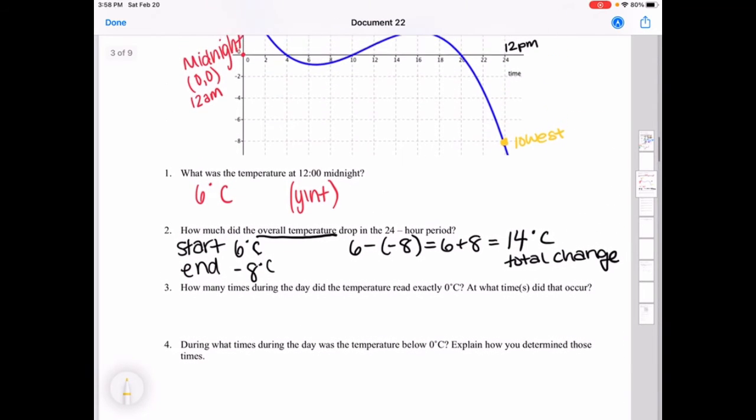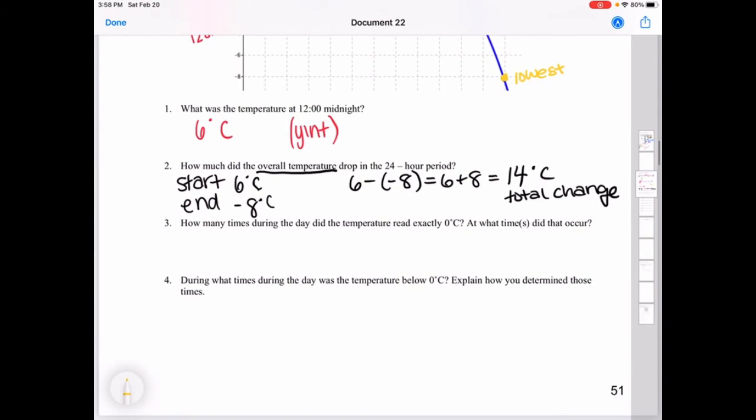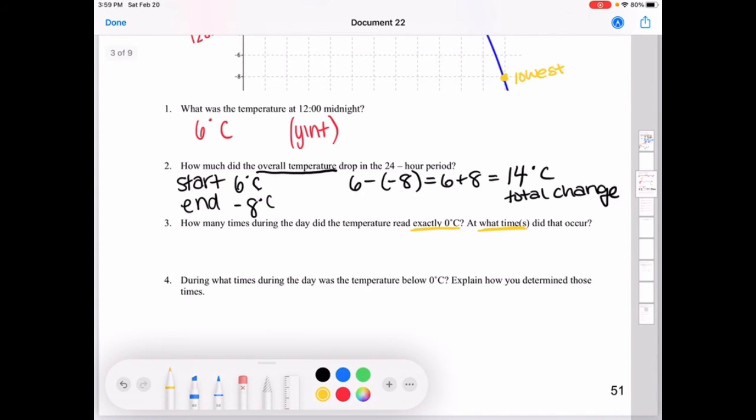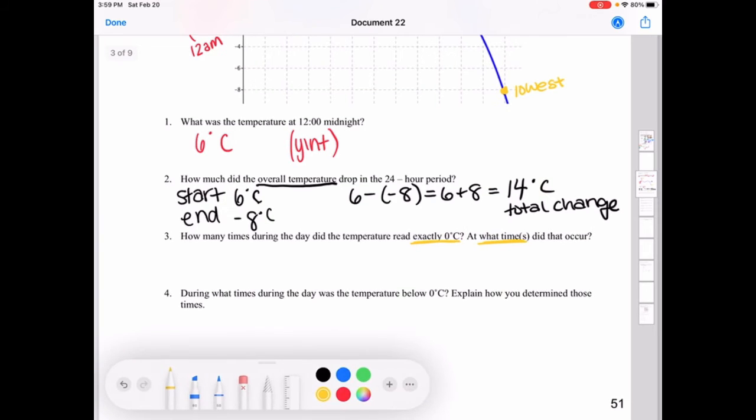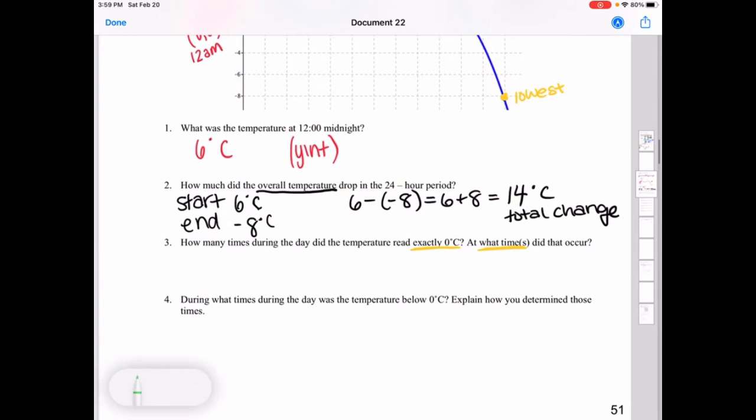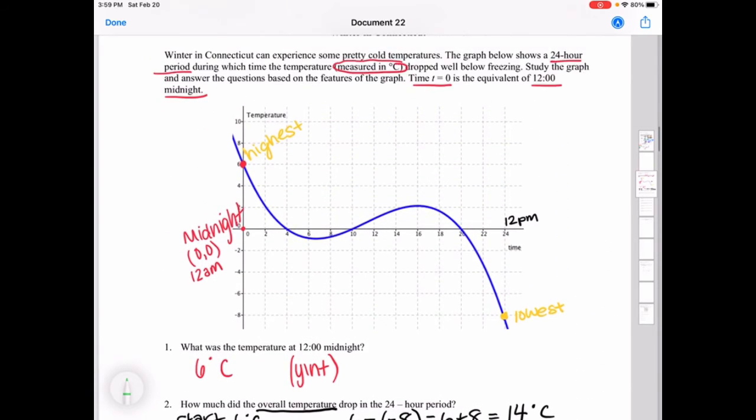So, number 3, how many times during the day did the temperature read exactly 0? And at what times did that occur? So let's choose green, and we're doing our exactly 0 degrees Celsius. So I'm going to figure out where my roots are, my x-intercepts, right?